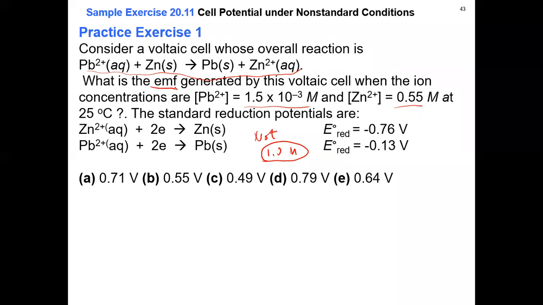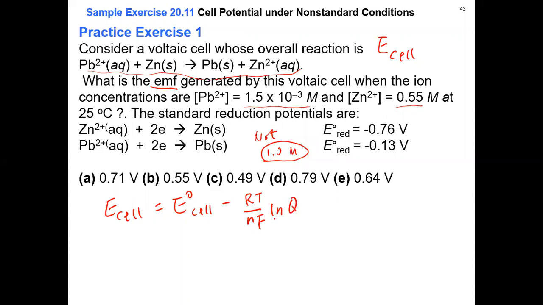You want to calculate this E cell. Just using the Nernst equation, we write E cell equals E zero cell minus RT over nF ln Q. I will use the initial equation.